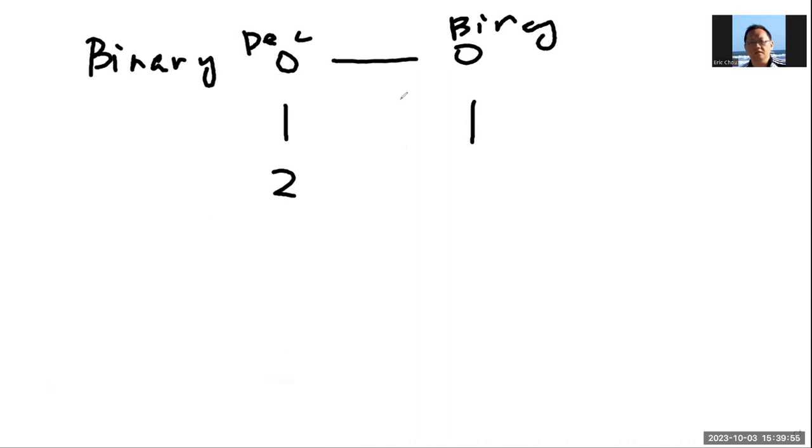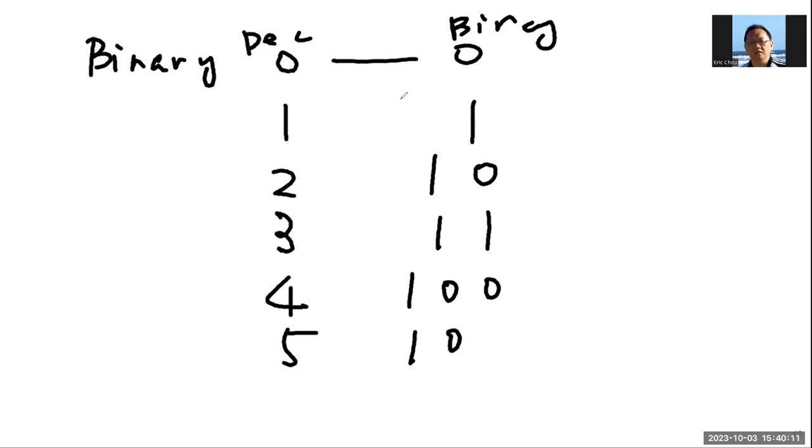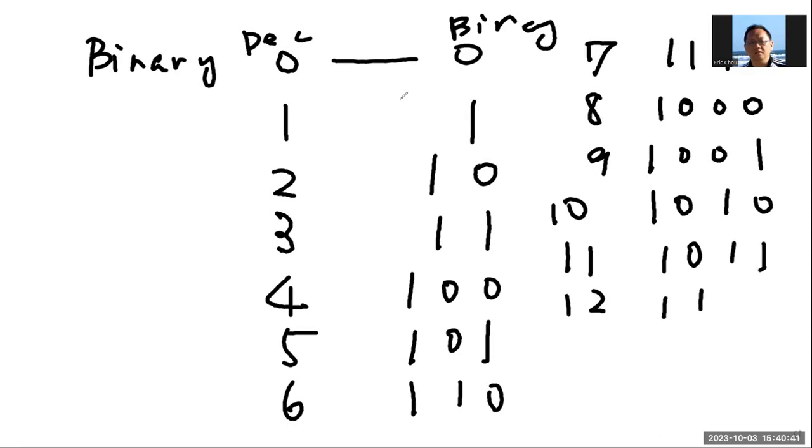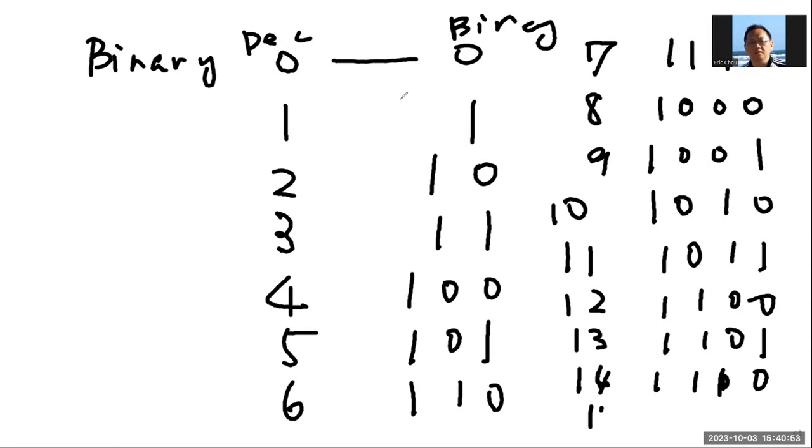Your 2, you can only have 0 and 1, so you carry 1 to the next bit and it becomes 1, 0. 3 is 1, 1. 4 is 1, 0, 0. 5 is 1, 0, 1. 6 is 1, 1, 0. 7 is 1, 1, 1. 8 is 1, 0, 0, 0. 9 is 1, 0, 0, 1. 10 is 1, 0, 1, 0. 11 is 1, 0, 1, 1. 12 is 1, 1, 0, 0. 13 is 1, 1, 0, 1. 14 is 1, 1, 1, 0. 15 is 1, 1, 1, 1.